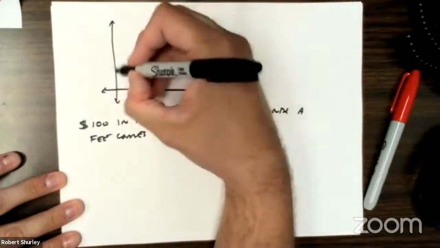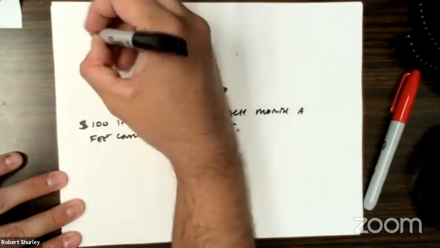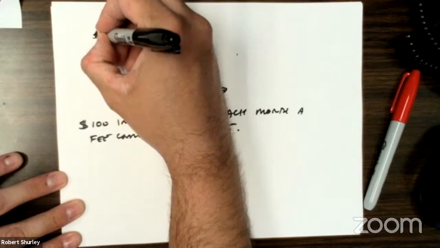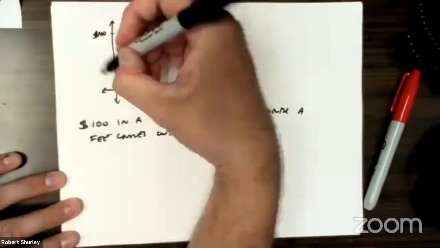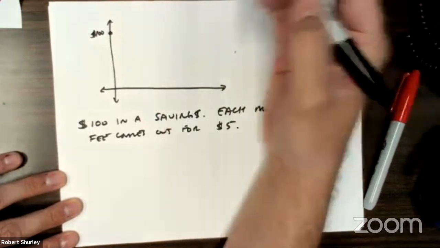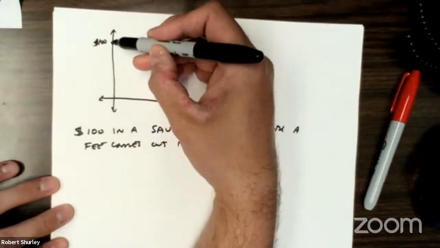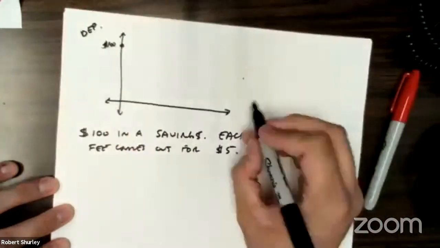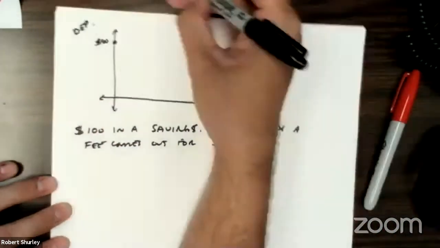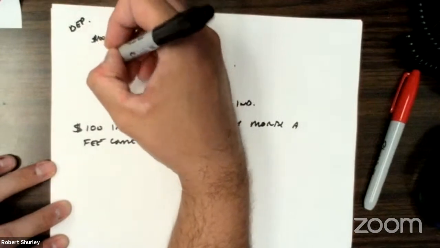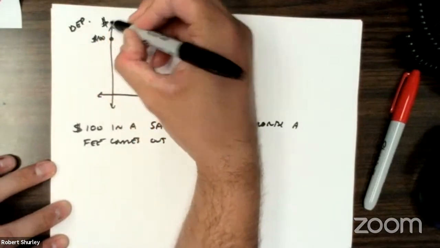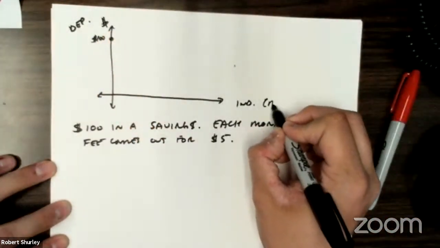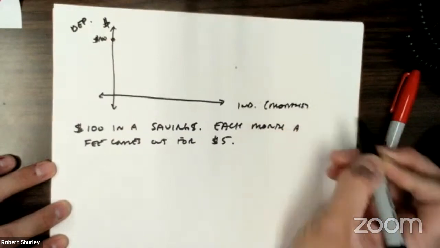So if we go up to $100, let's say $100 is here. Since we start with $100, our equation is going to start right there on this dependent axis. This is the dependent, this is the independent, the dollar amount, and this is months.